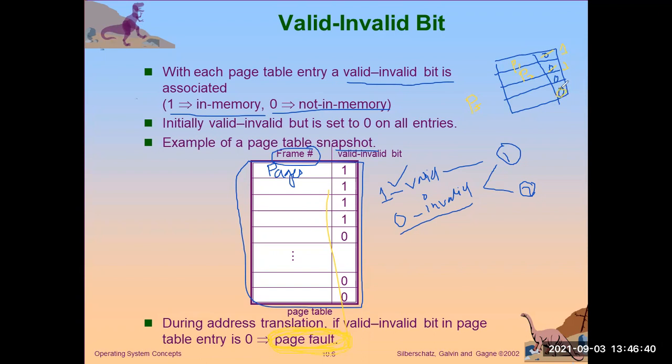And if there is a page fault, I have to make sure that this page is brought back to the page table. Once I bring it back to the page table, this will be set to 1. In the next slide we will understand the different steps that we have to follow if there is a page fault.